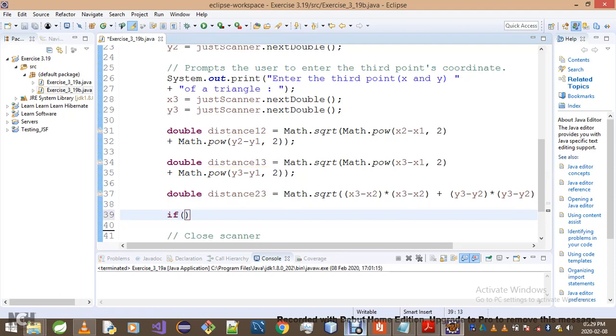So we simply check if distance between 1 and 2 plus distance between 1 and 3 is greater than distance between point number 2 and point number 3.